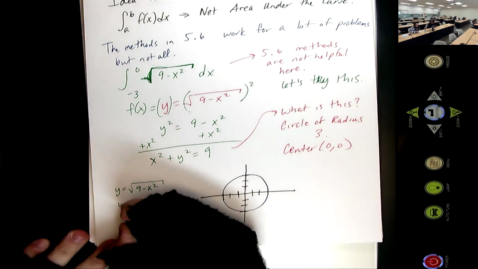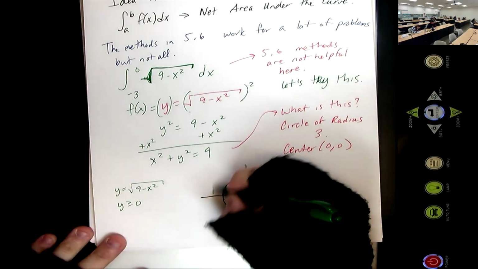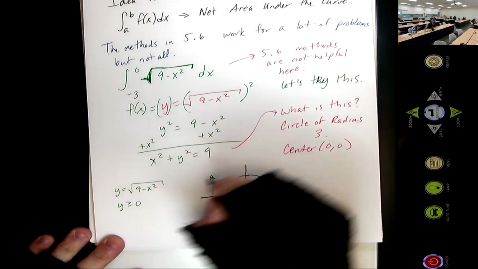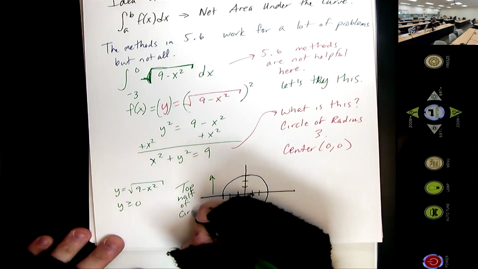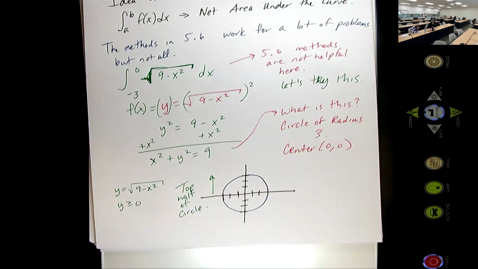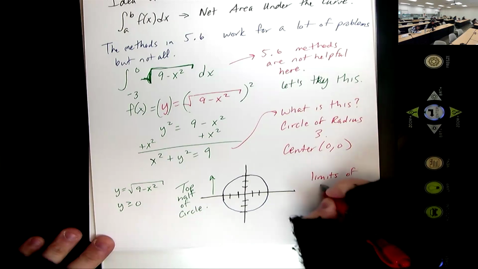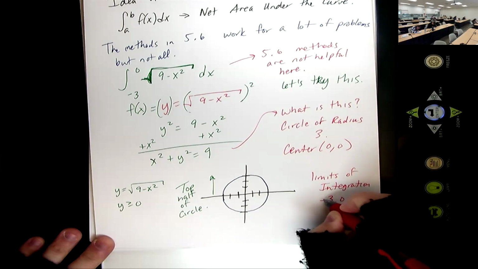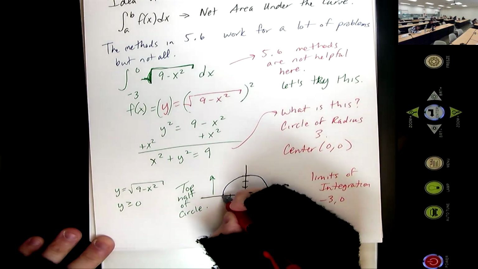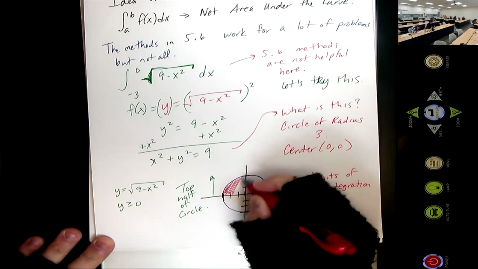Y must be greater than or equal to 0 here, because a square root can't end up in a negative number. So we're only looking at the top half circle. And then our limits of integration, we're -3 to 0. So right here to right here, top half, we are looking at that wedge right there.